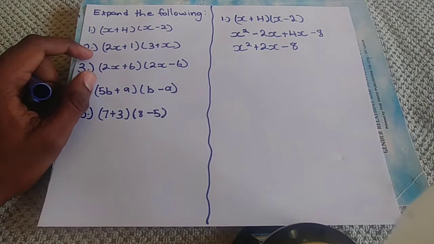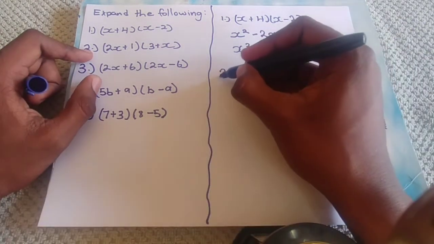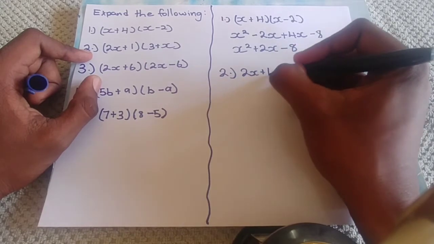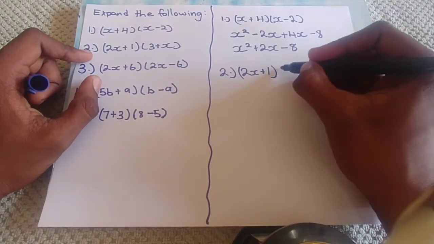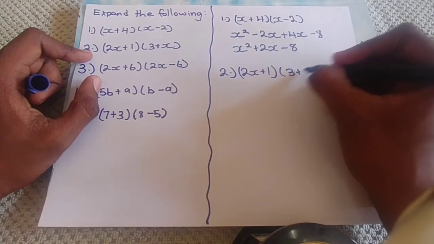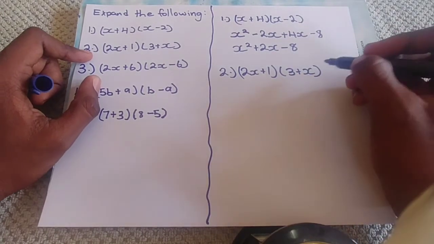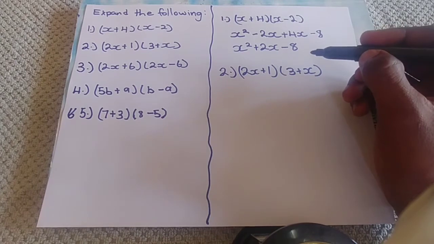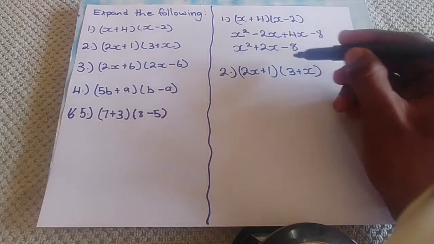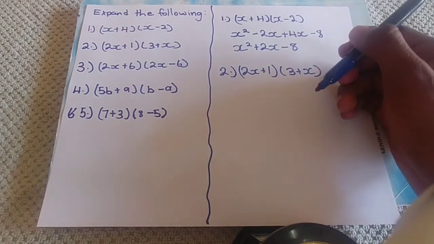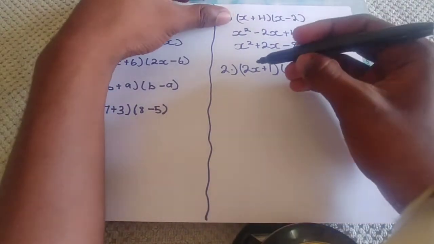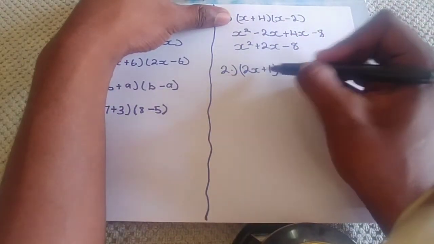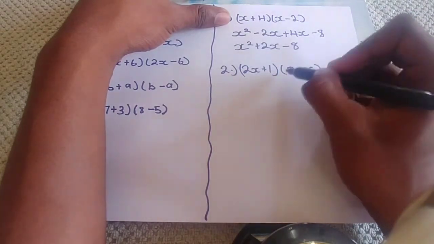Okay, so the second one, we have 2x plus 1 multiplied by 3 plus x. So the method we are going to use this time is just distribute everything everywhere. That's how I like to say. So you just multiply everything in that bracket by everything in this bracket.